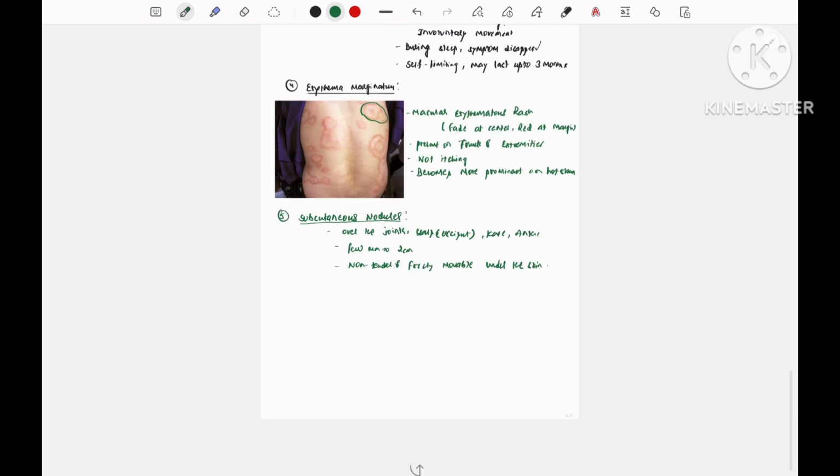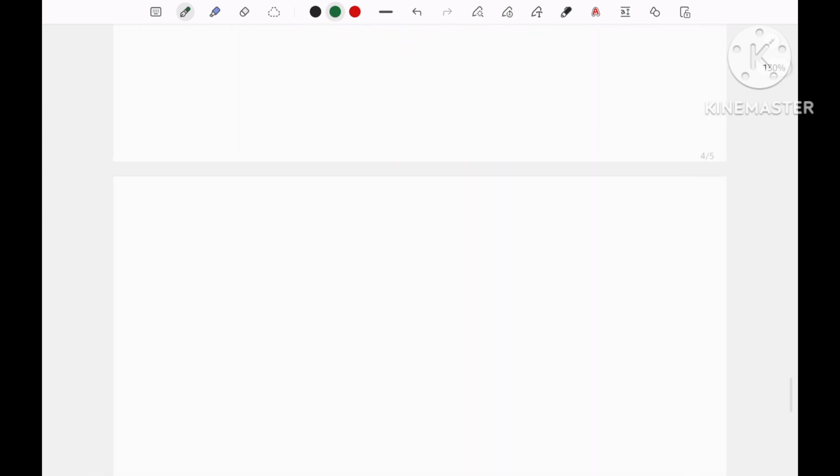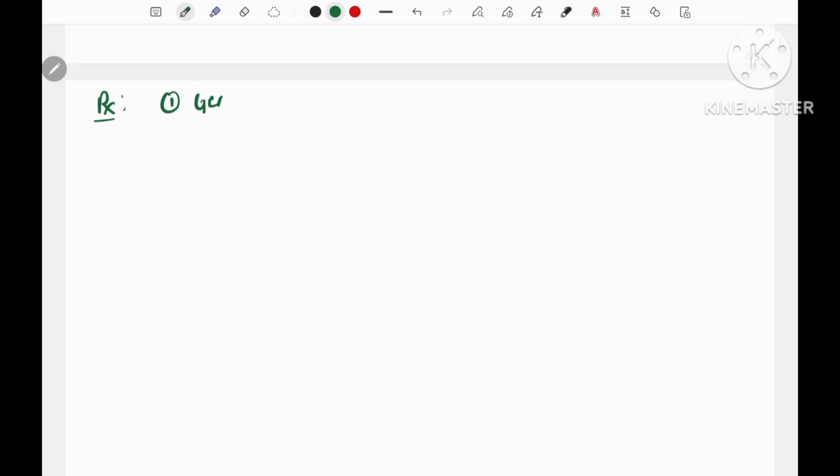Now we will talk about the treatment. The treatment which I will teach you is taken from Davidson. So now let's talk about the treatment of acute rheumatic fever. At first we should consider the general measures. Patients with acute rheumatic fever should be put on rest, because rest lessens the pain and reduces the cardiac workload.